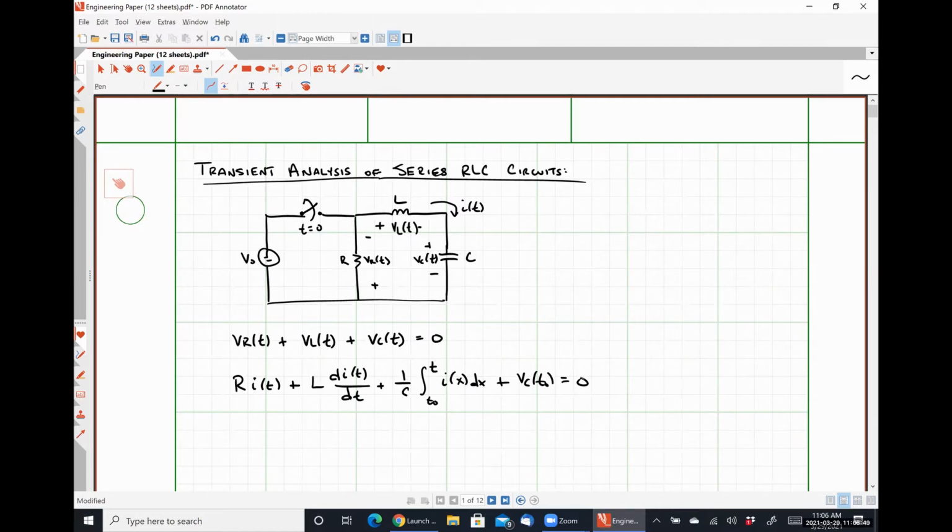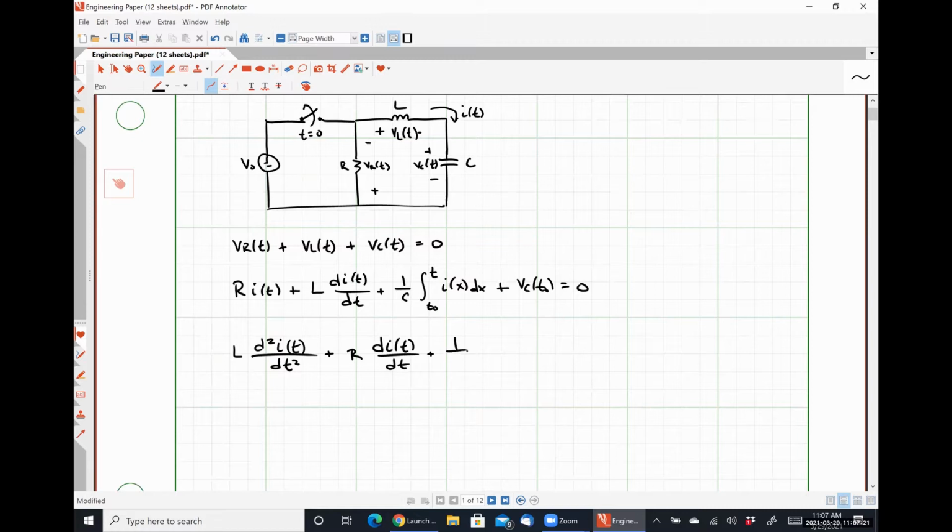And again, we have an integro-differential equation, which we can get rid of the integral part by taking the derivative of both sides. So rearranging, we are going to have L times the second derivative of our current plus R times the first derivative of our current plus 1 over C times our current is equal to 0.